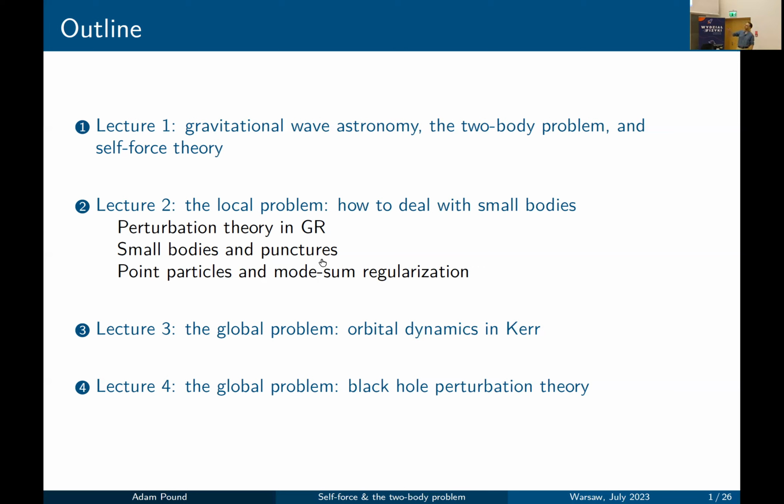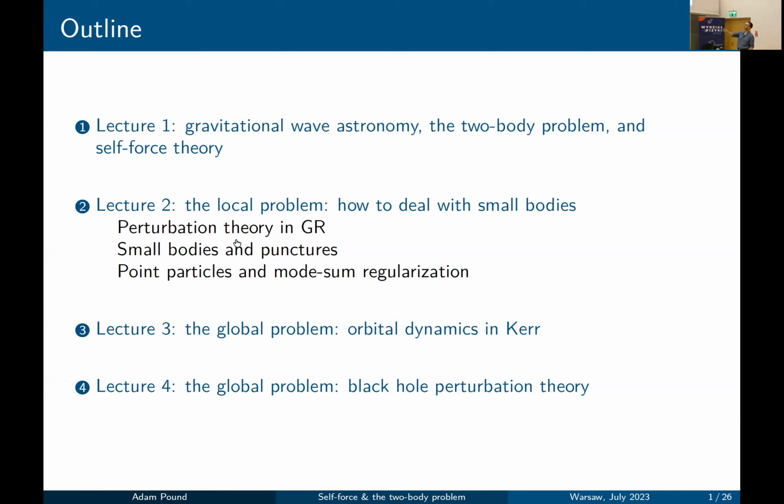So I'm going to start off with a general overview of perturbation theory in GR. Very often when students are starting out, they learn linearized theory and are given no idea what happens beyond linearization, what happens at higher orders. So I'll explain that, not in a lot of detail, but a little bit of detail.